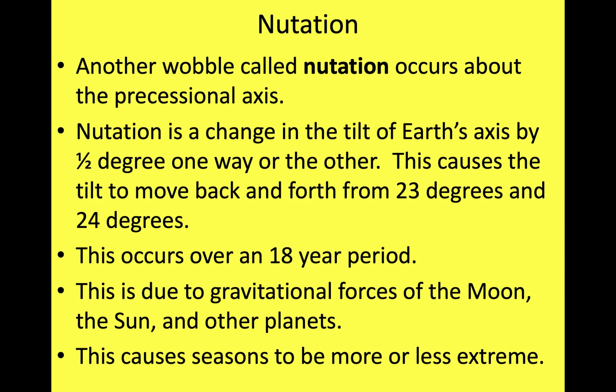When the tilt is less extreme at 23 degrees, we'll have slightly less extreme summers and winters. So just keep that in mind. It causes seasons to be more or less extreme. By more extreme, we mean colder winters and hotter summers. By less extreme, we mean not quite as hot summers and not quite as cold winters.